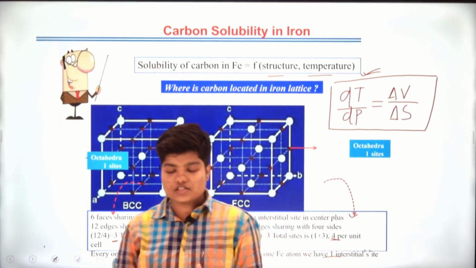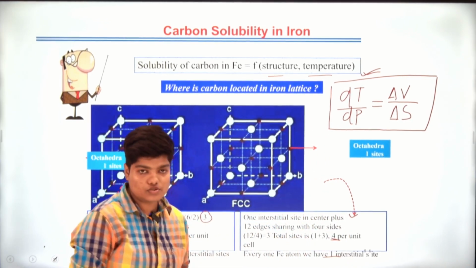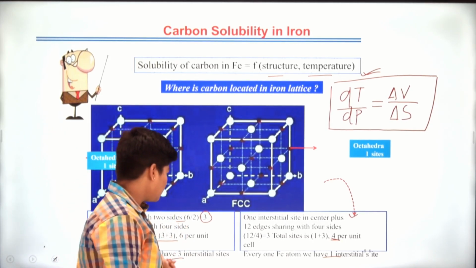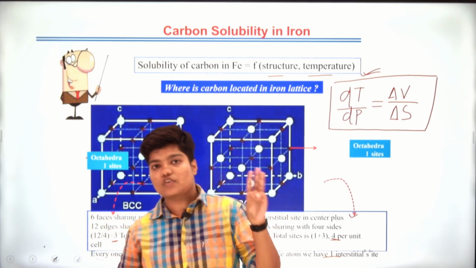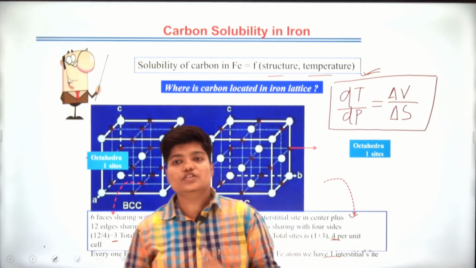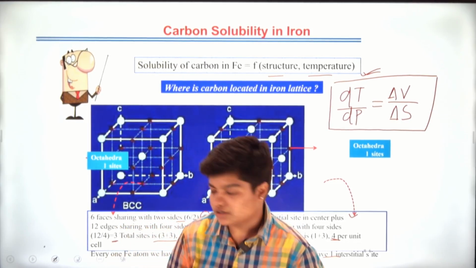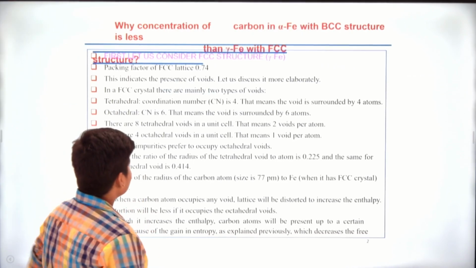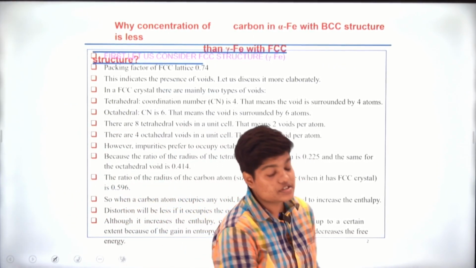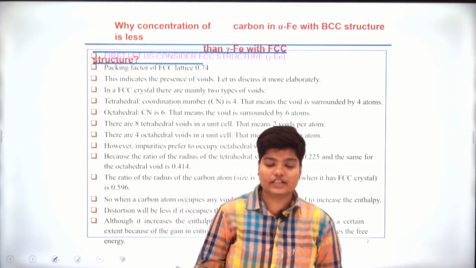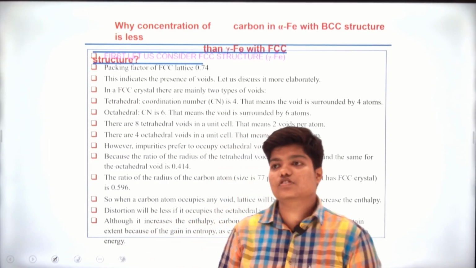From BCC and FCC we conclude that in BCC, for every Fe atom we have 3 interstitial sites for carbon, and in FCC, one. So why is the concentration of carbon in the BCC structure less than in the FCC structure?